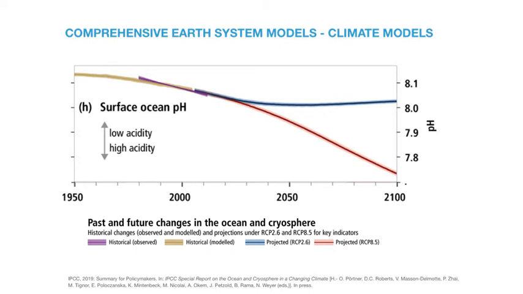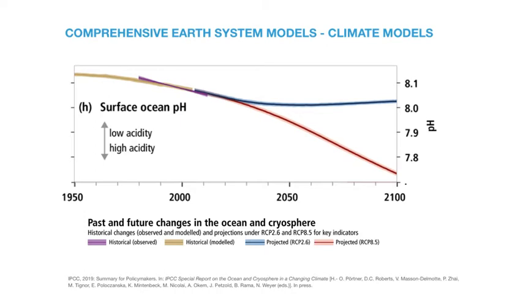And then the blue and the red lines indicate the future, and they represent a choice that we face as a society between two representative concentration pathways, 2.6 and 8.5, kind of bracketing a lower emission scenario and a higher emission scenario, which is the choice we face as a society.